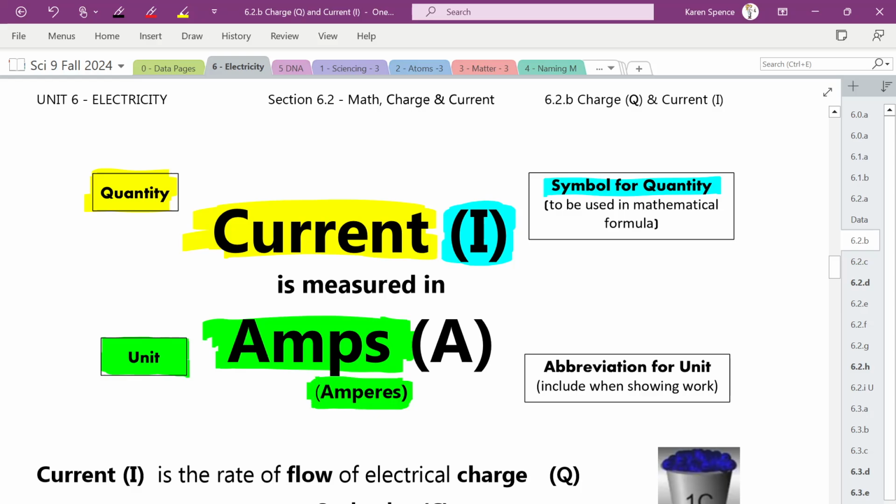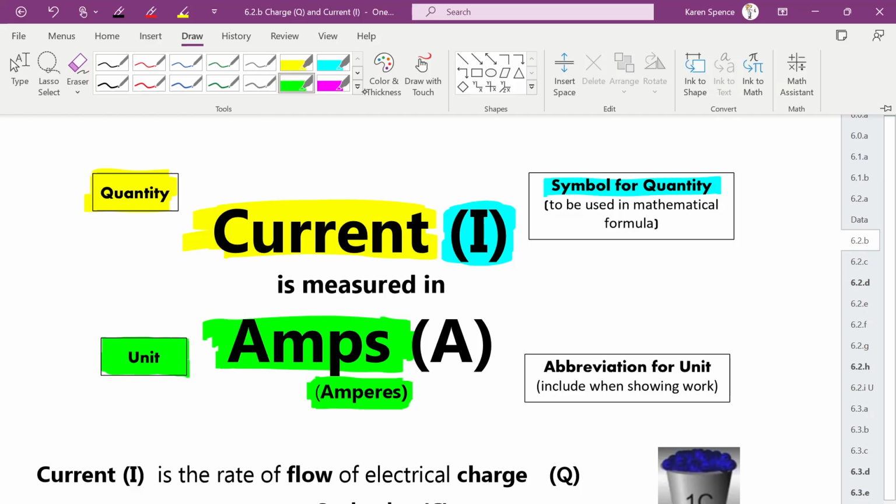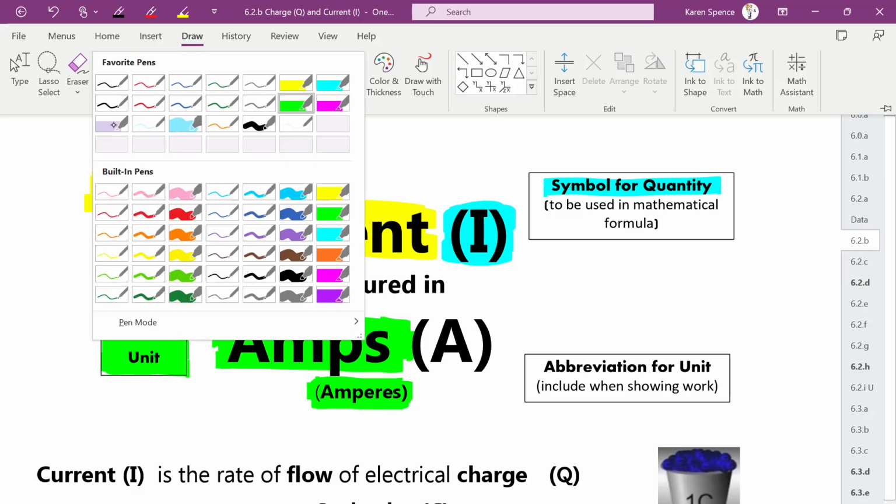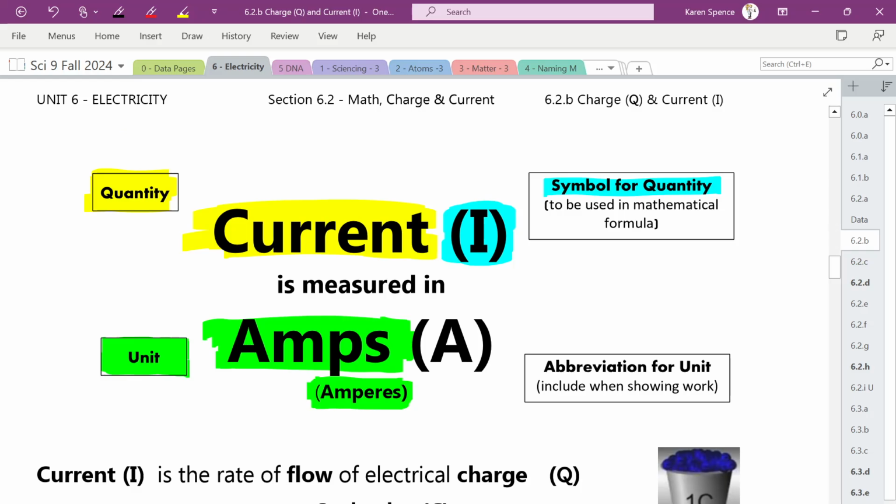And that's again named after a Frenchman, Monsieur Ampere, okay? Ampere is abbreviated A, thank goodness. That seems sensible to me, whereas current being I, maybe not as sensible. Okay, so we've got current is I, and amps are A.